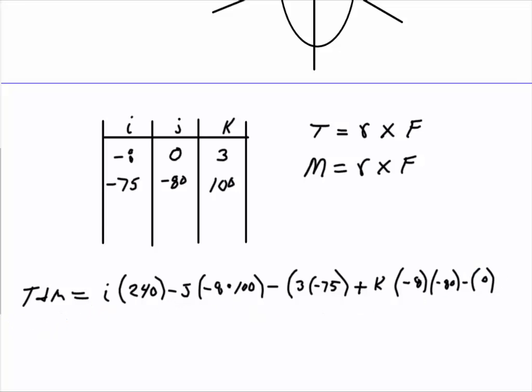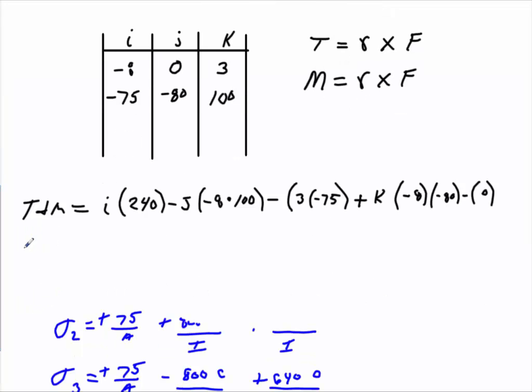Alright, so now we can do this, and then we know our torques and moments are going to equal 240I. That gives me -8 times 100, I'll get a calculator for that too. So that gives me -800 minus 3 times -75.